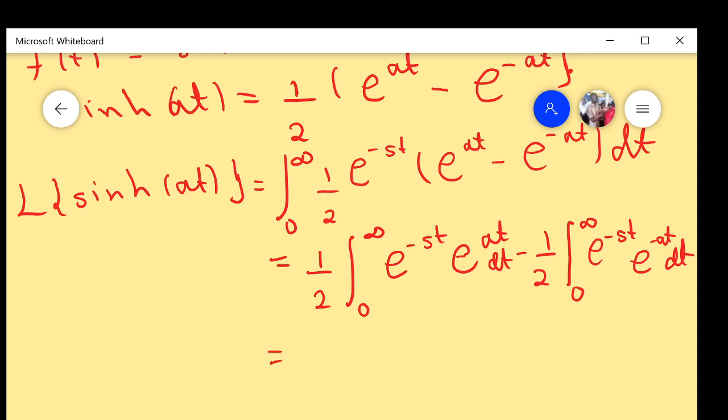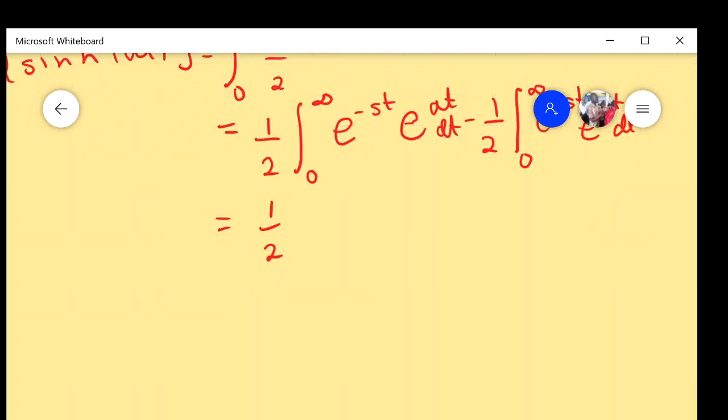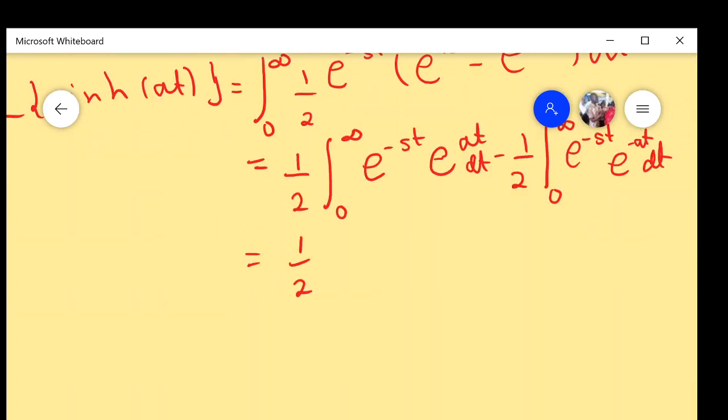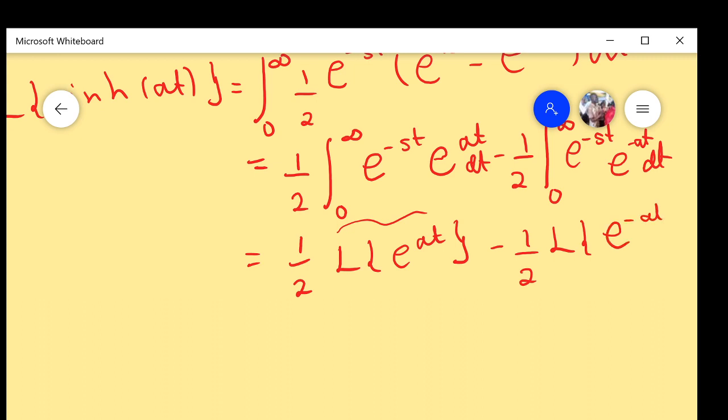So this is 1 over 2 times the Laplace transform of e to the power at, minus 1 over 2 times the Laplace transform of e to the power minus at.